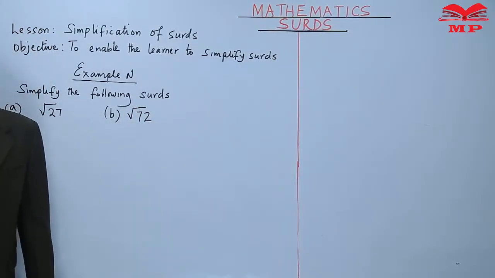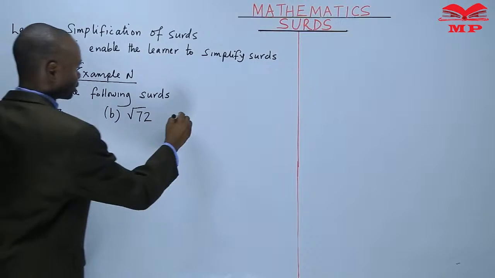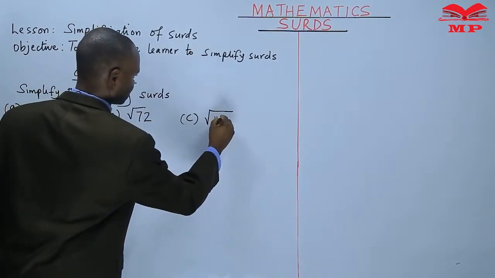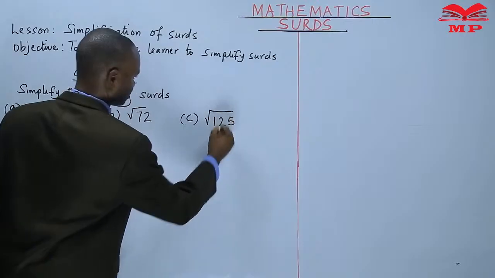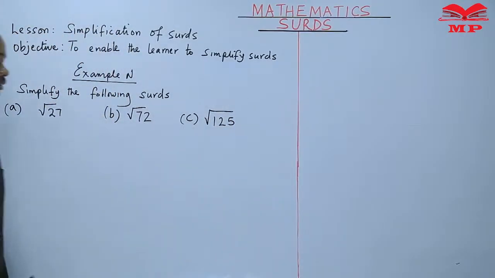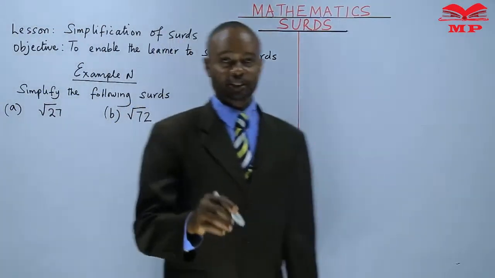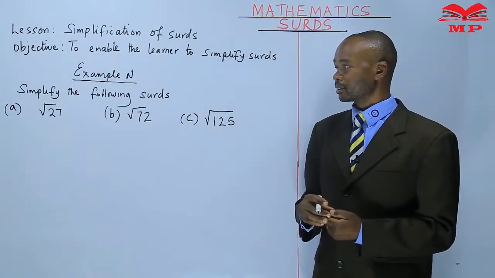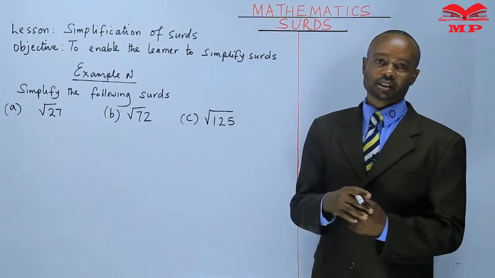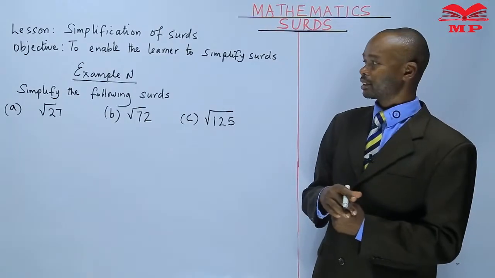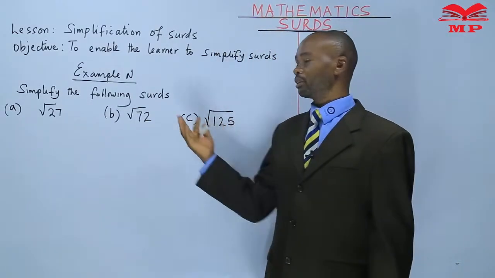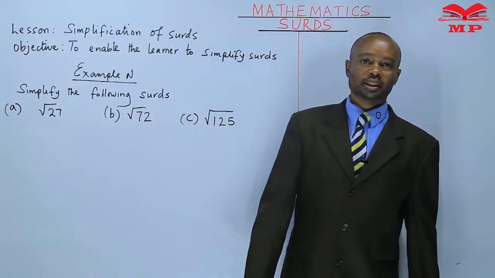And lastly, we have square root of 125. Learner, we learned in the previous lesson, surds do not have a perfect root. Like square root of 27, there's no whole number that can be the square root of that. That's why all of them qualify to be surds.